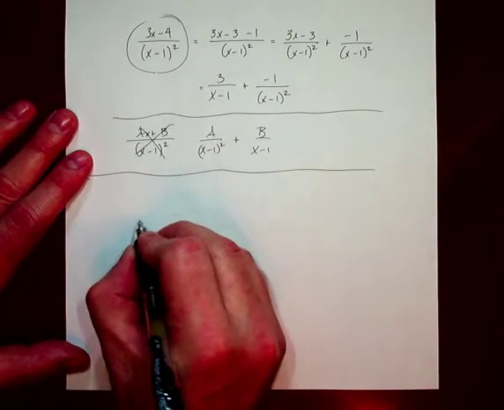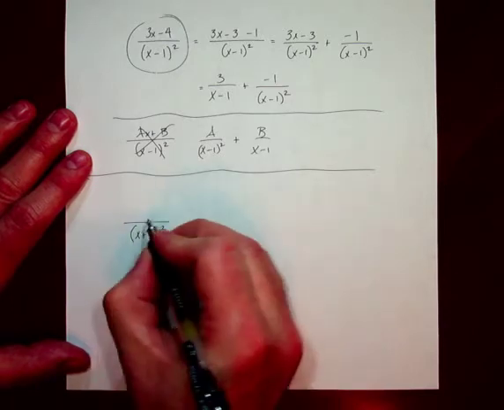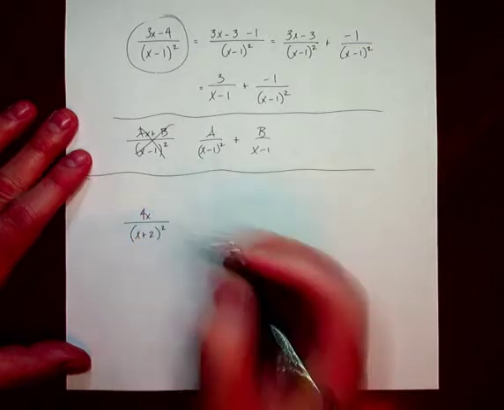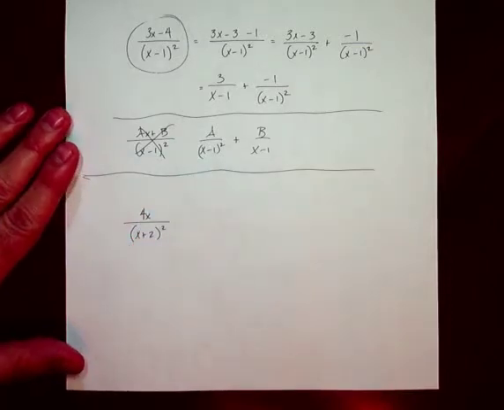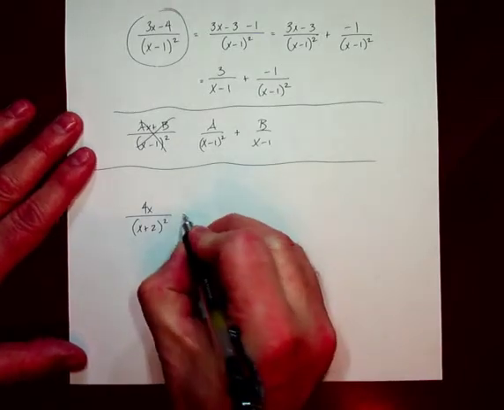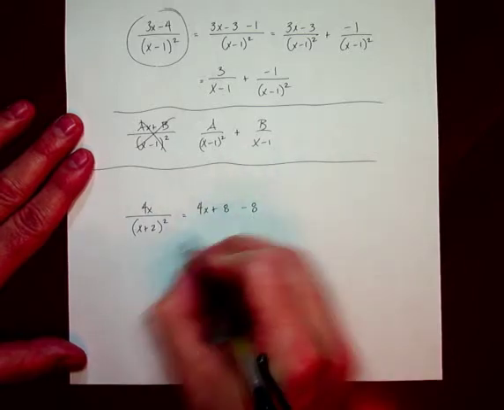Let's say we have x plus 2 squared, and then we just have 4x up here. Well, can't really do anything with that. Well, you can actually turn that into 4x plus 8 minus 8.